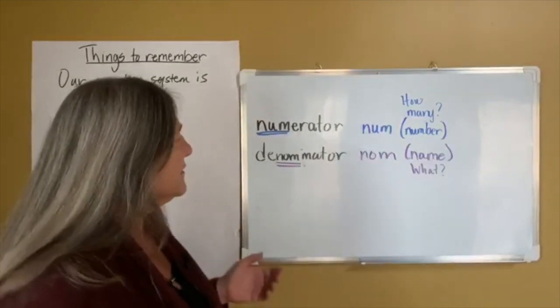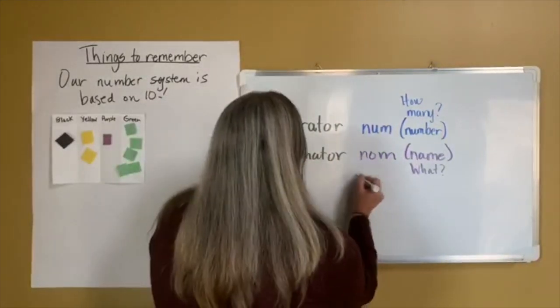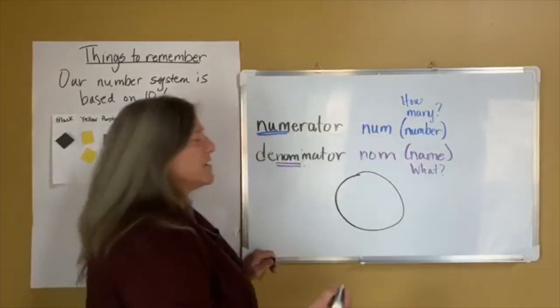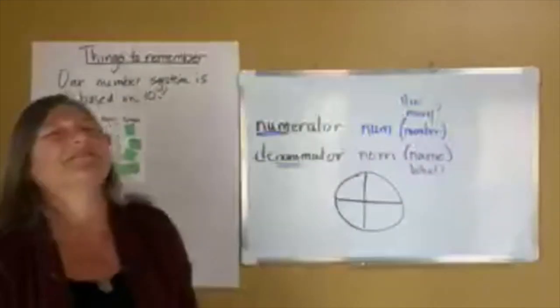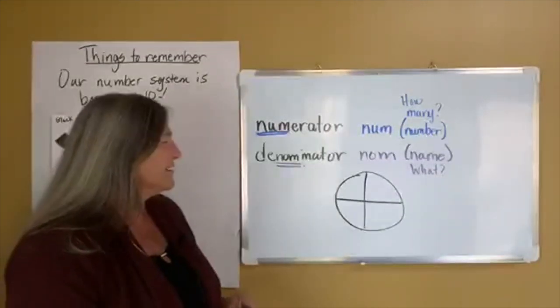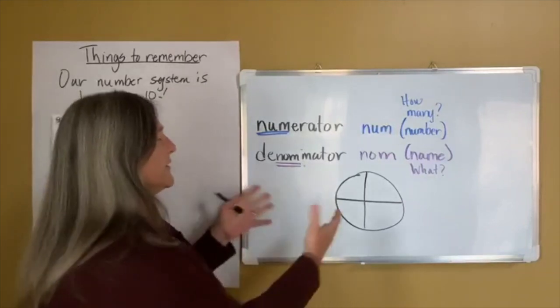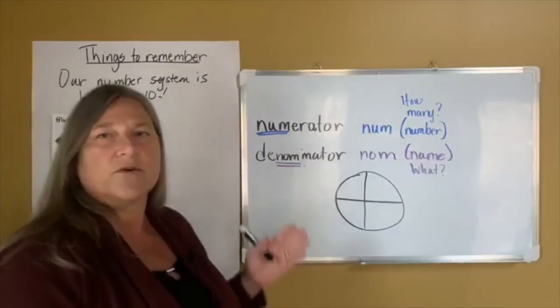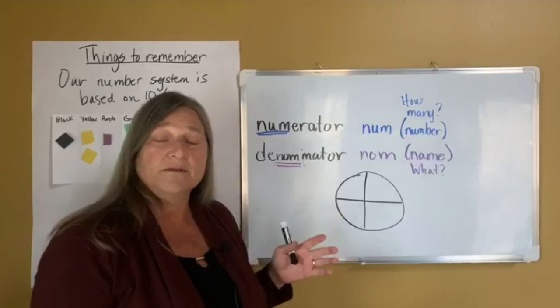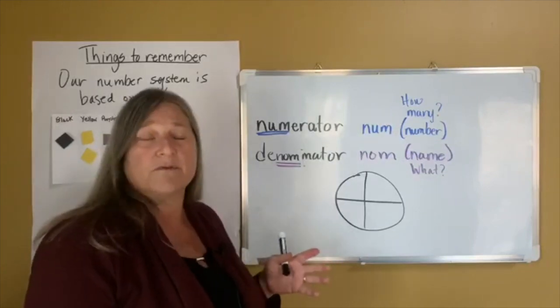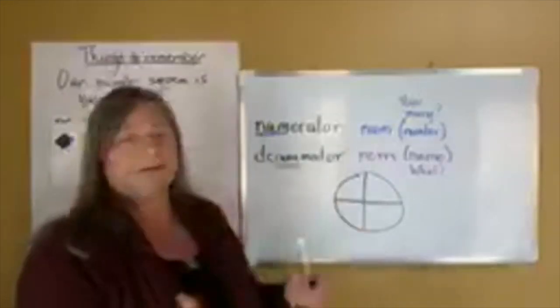So let's look at a fraction first, just to get the terminology down. A lot of times people use circles. Circles aren't my favorite for fractions just because sometimes they get hard to draw. But let's look at this. The whole circle, that's our whole, and fractions are parts of wholes, or they could be wholes with other parts.